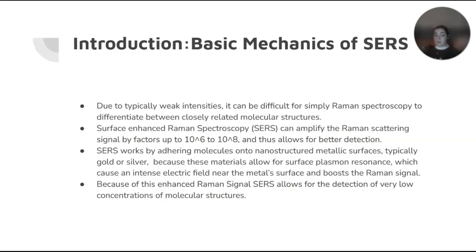We use silver for our purposes, but these metallic surfaces allow for surface plasmon resonance, which is vibrations of free electrons. And these vibrations cause an intense electric field near these molecules, which then boosts the Raman signal. And because of this enhanced detection, you can monitor and detect very, very low concentrations of molecular structures, which is useful in our lab.